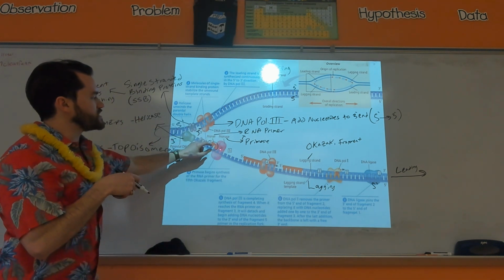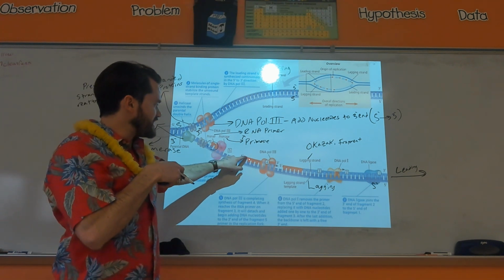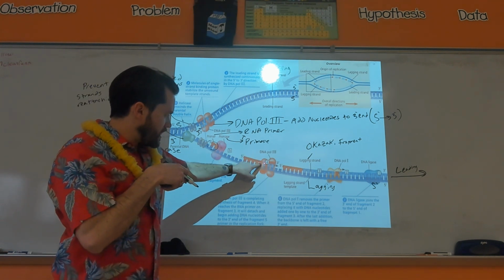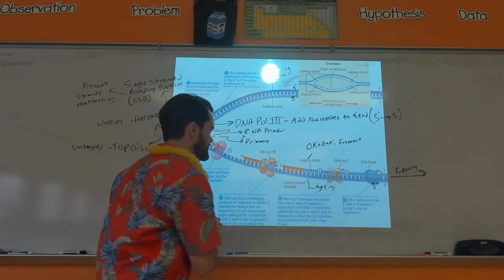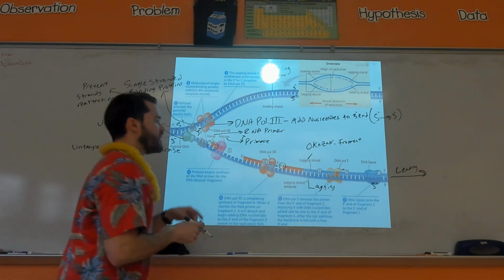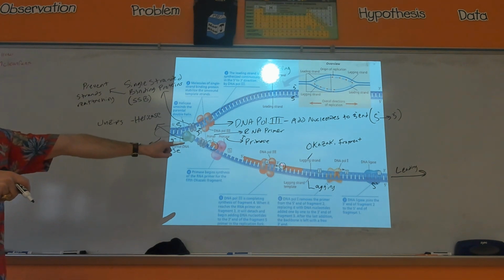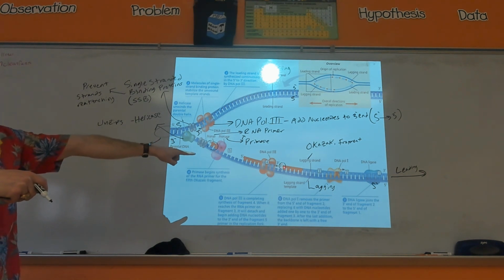So what DNA polymerase 3 would do is, we focus here, DNA polymerase 3 would attach where the primer starts. It would copy that fragment until it hits the primer of the Okazaki fragment it had previously done.